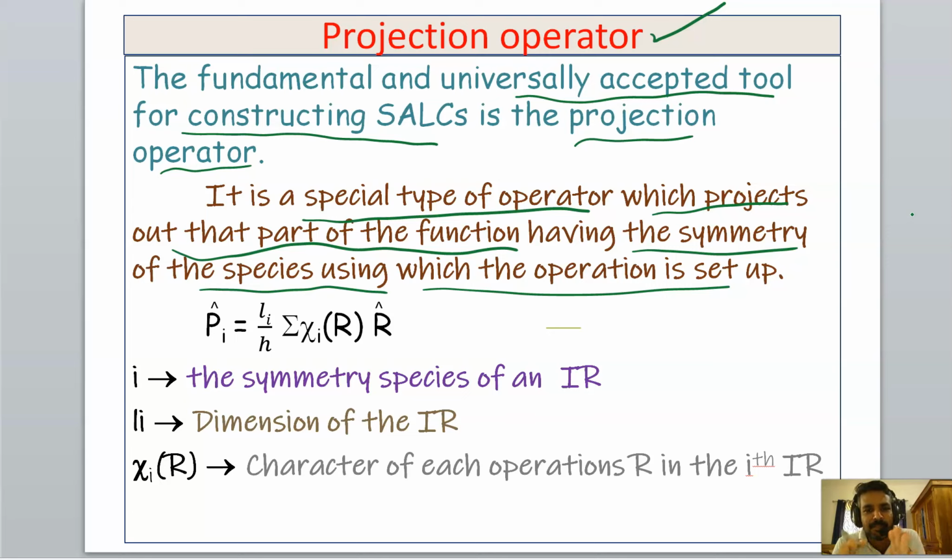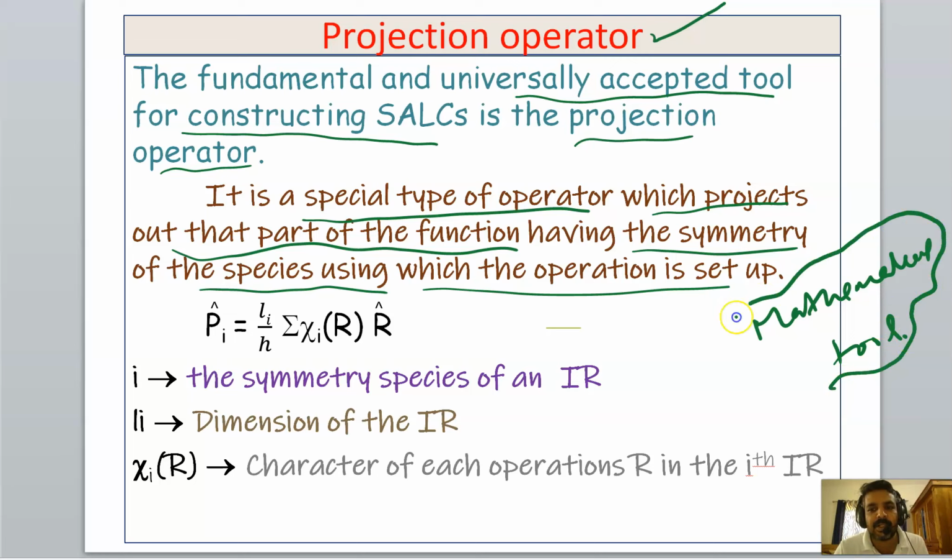The projection operator is a mathematical tool. Using this tool, we arbitrarily construct a wave function and pass it through this tool, like a machine, and we get a result: the wave function that is adapted to the symmetry species we are considering.